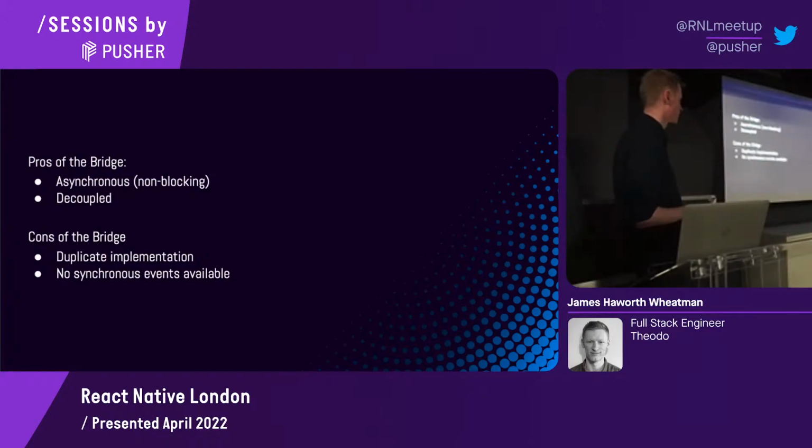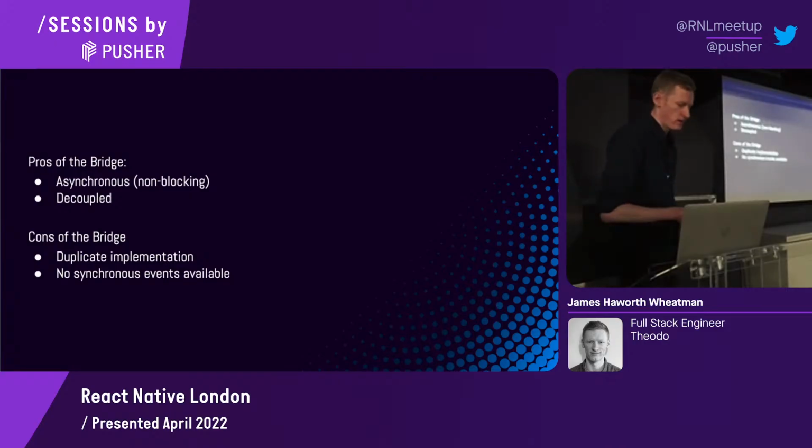I've seen people online creating almost like Angular native, where they've created an interface for Angular apps, which then uses the bridge to render their components, which is pretty cool.